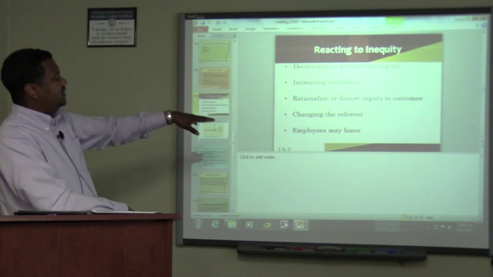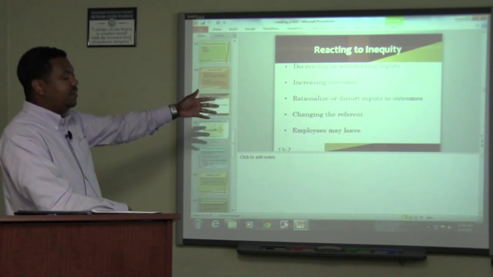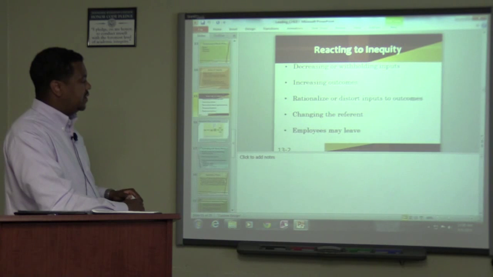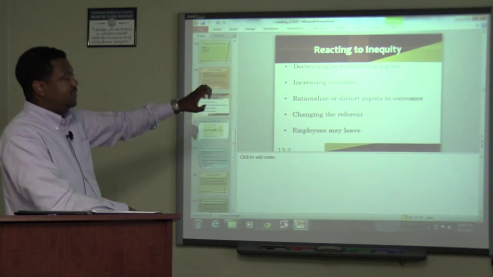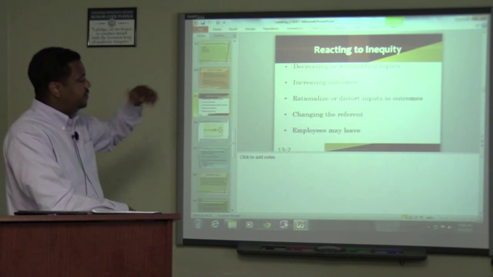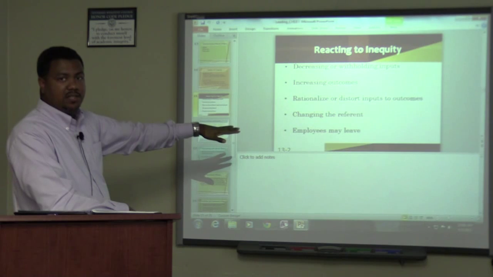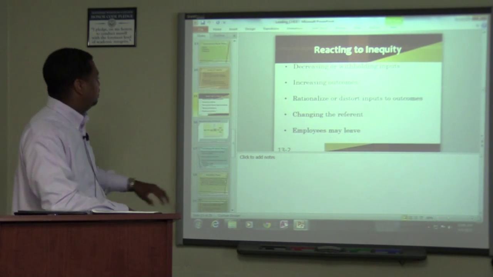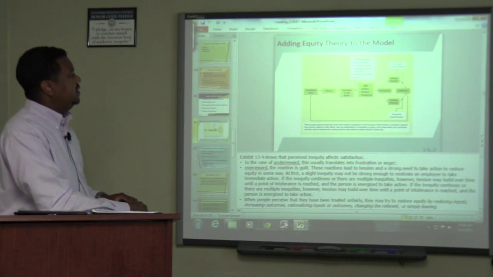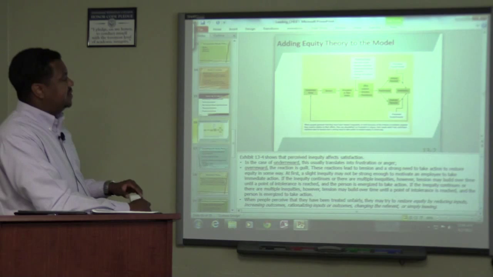You're also seeing changes in their reference, with how individuals are thinking about who they compare themselves to in the organization. And to a certain standpoint, when this equity theory gets so great, individuals begin to see it's more fair for them to leave the organization than to remain, given how they're being treated and compensated. So we can see this overall equity theory in this overall concept here.